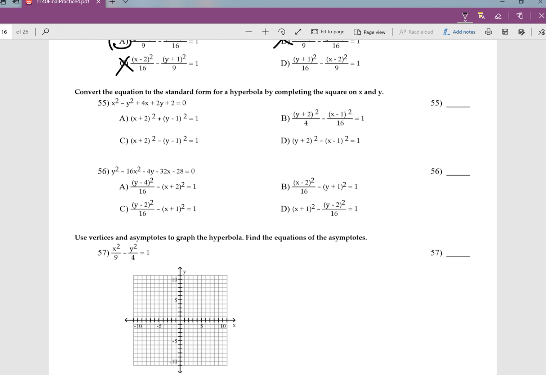Alright, for number 55, your answer here, you have to complete the square. So in essence, I'm going to do the work down here.